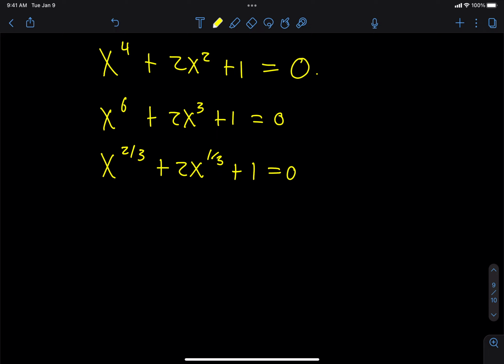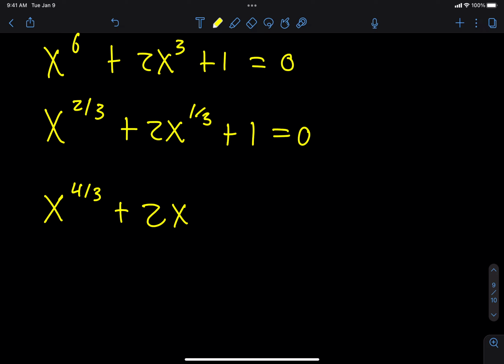Okay, so these are some examples. Let's see some more examples, just for fun. We could even do something like this: x to the 4/3 plus 2x to the, what power would make this quadratic in form?